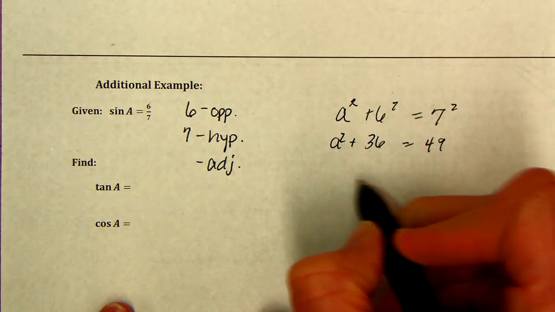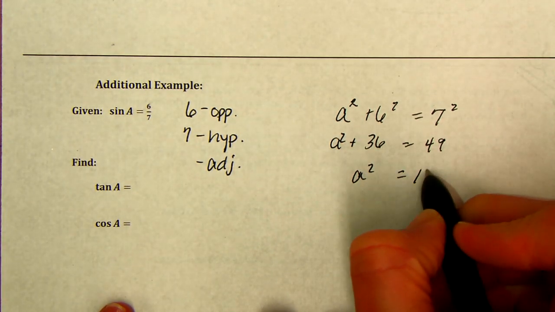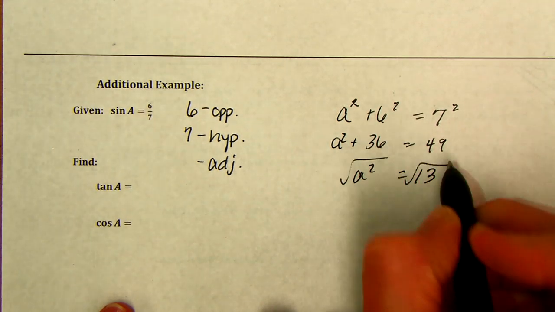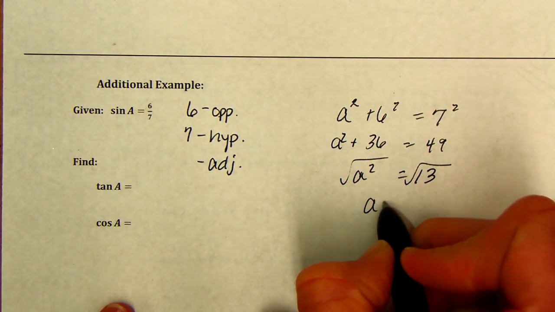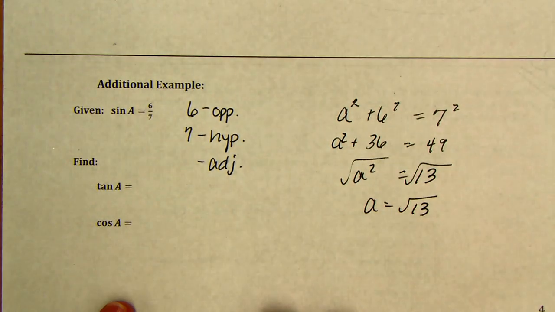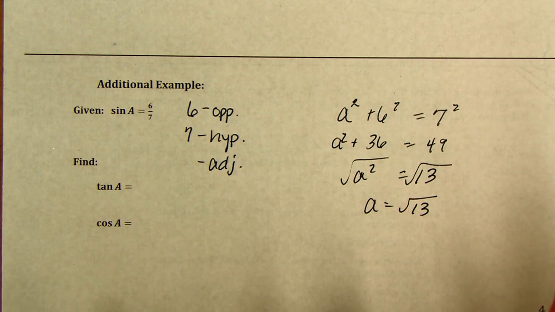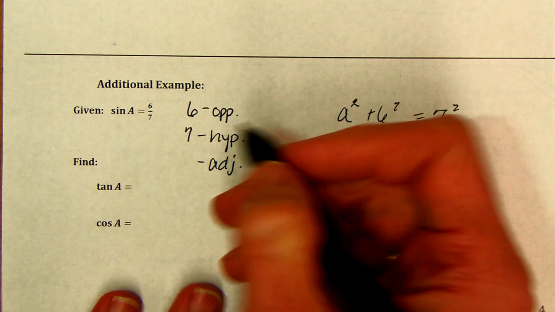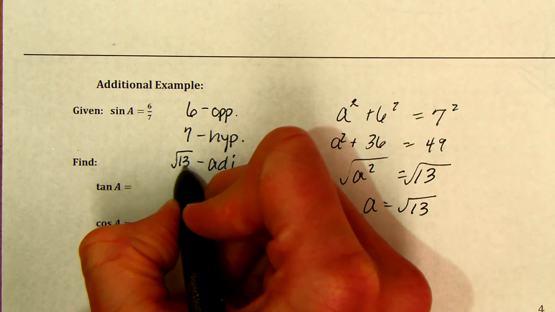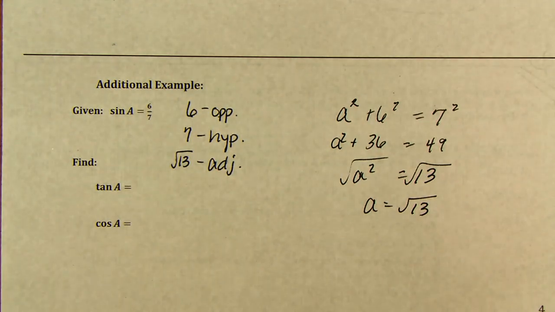I get a equals the square root of 13. Just double checking, 49 minus 36 is indeed 13. Now, I know that's a radical, but we're okay with that. I'm just going to leave it as the square root of 13. It's not a Pythagorean triple, but it satisfies the theorem. And it gives me my adjacent side is the square root of 13.